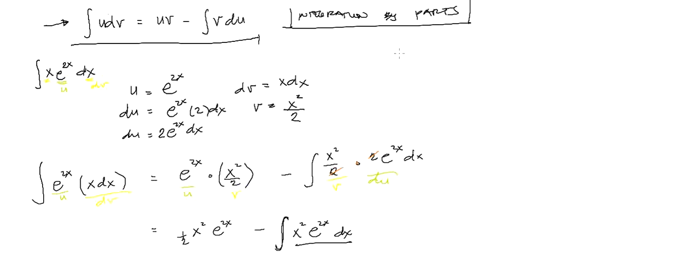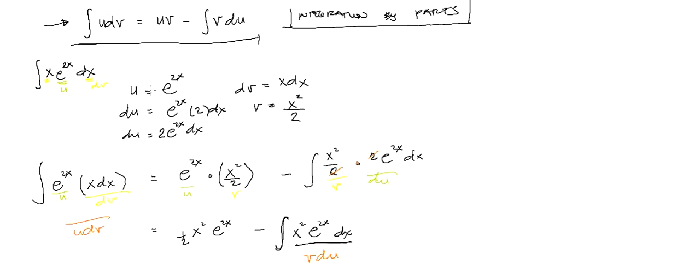As you can see here, this is more complex than our u dv. Since our answer became more complex than the original one, maybe we should try the other way around, wherein we will use e^(2x) as our dv rather than x. So let's swap.